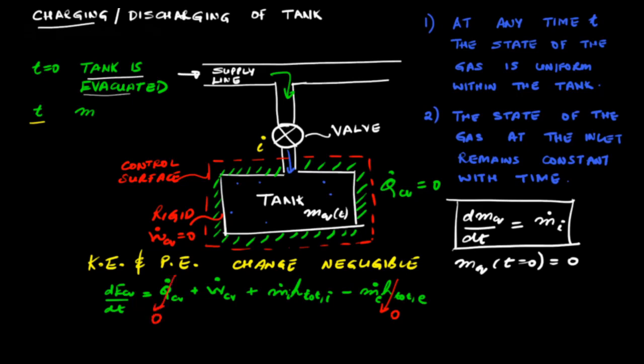Also, there is no heat transfer or work done on this control volume that encloses this tank, so Q dot and W dot are also 0. Note that the left hand side is not 0 because the total energy of the gas within the tank is increasing over time. Also, we've neglected the change in potential energy and kinetic energy, so we can replace the total energy with internal energy, and the inlet term with enthalpy only, and that means we have ignored the kinetic and potential energy contributions.